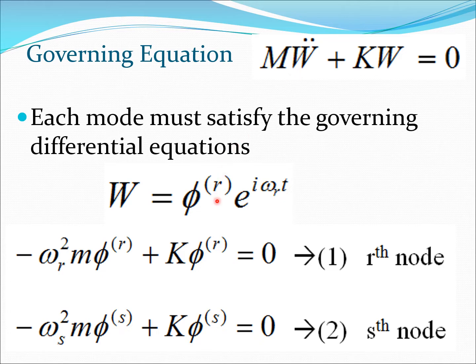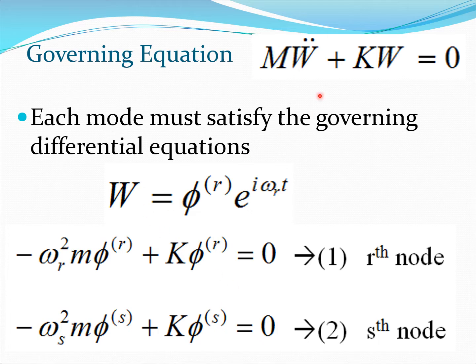Now we can have one more mode, say mode number s, and we can also substitute that particular solution into the differential equation. And so we are going to get two equations, 1 and 2 here. So number 1 corresponds to mode number r, and number 2 corresponds to mode number s. So let's see how you would get this equation.